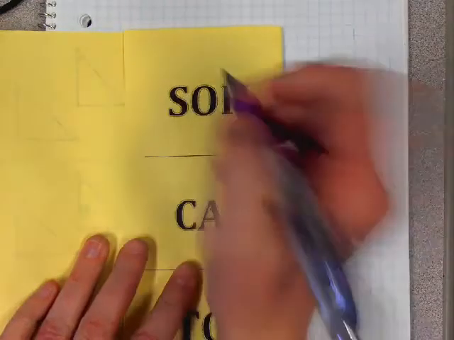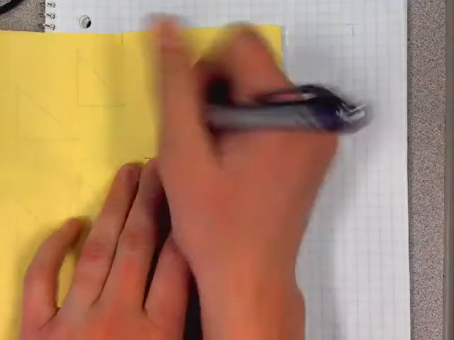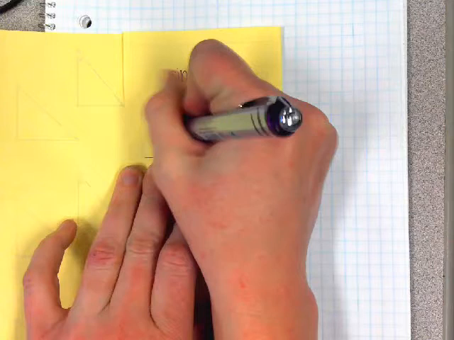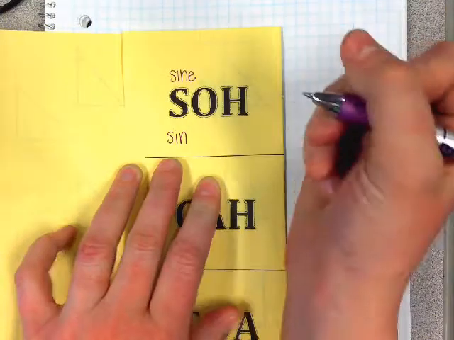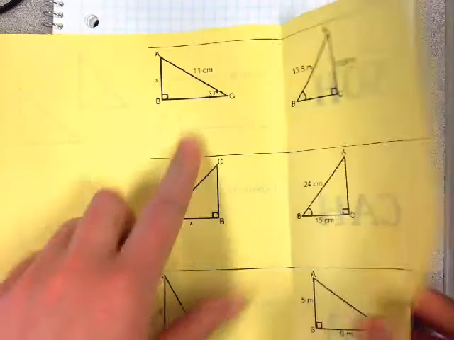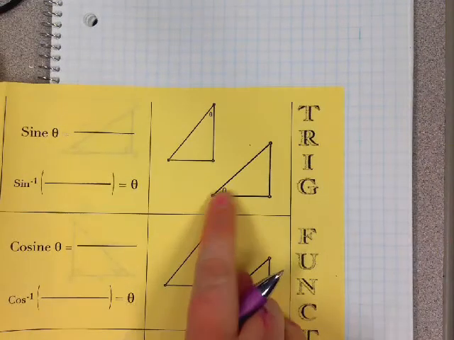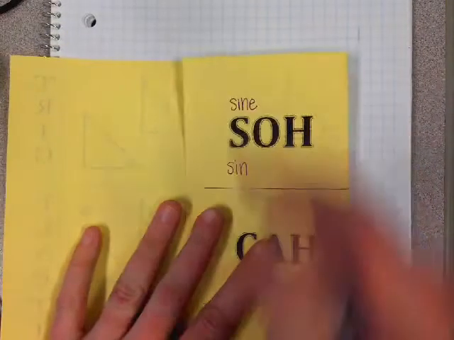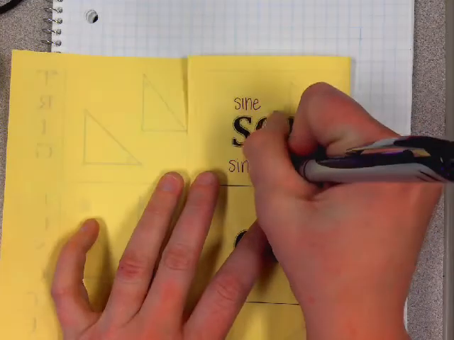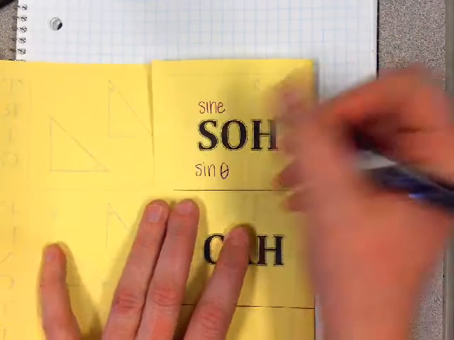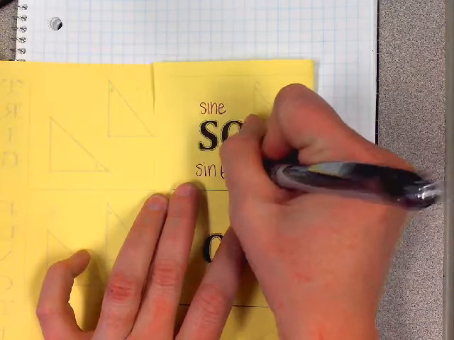The reason that we call it SOH is, remember, this S stands for sine, and sine is equal to, or sine of the angle. You'll typically see, there's not one on this side, but it's over here. See this little circle with the line across it? That's actually called theta. So it's sine of theta. It's just like using x for a side or an unknown. Theta is just an angle.